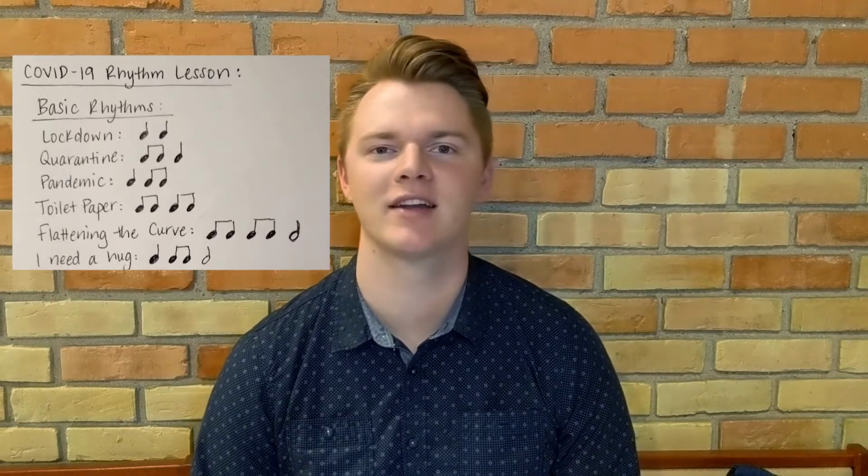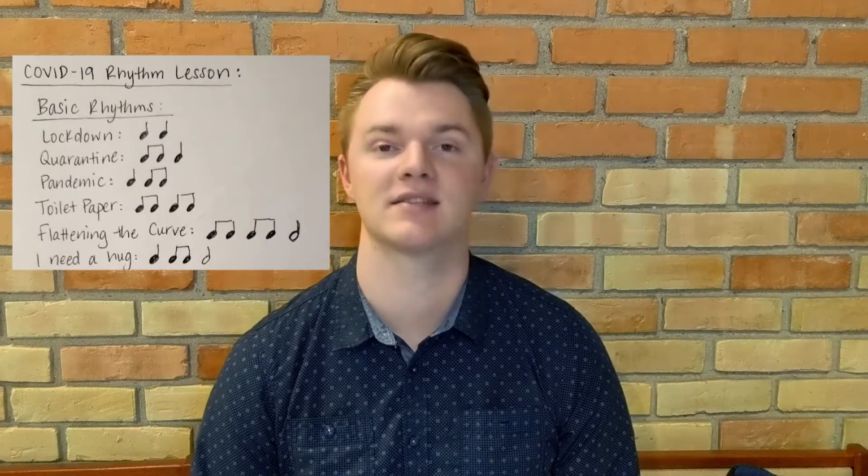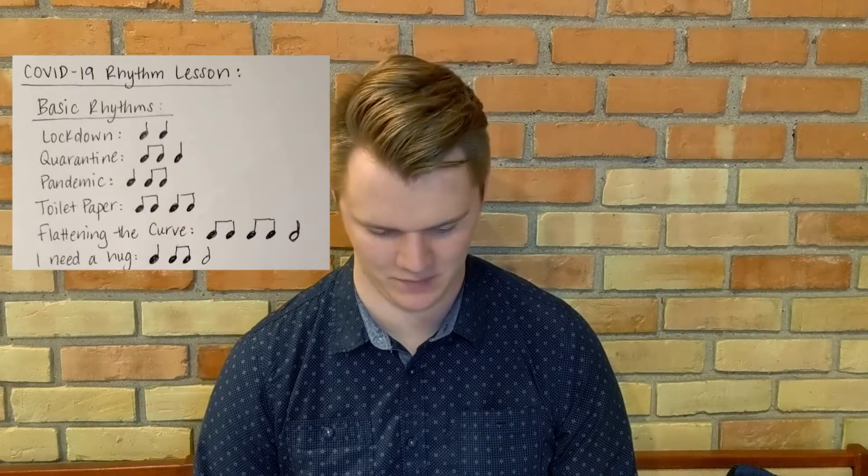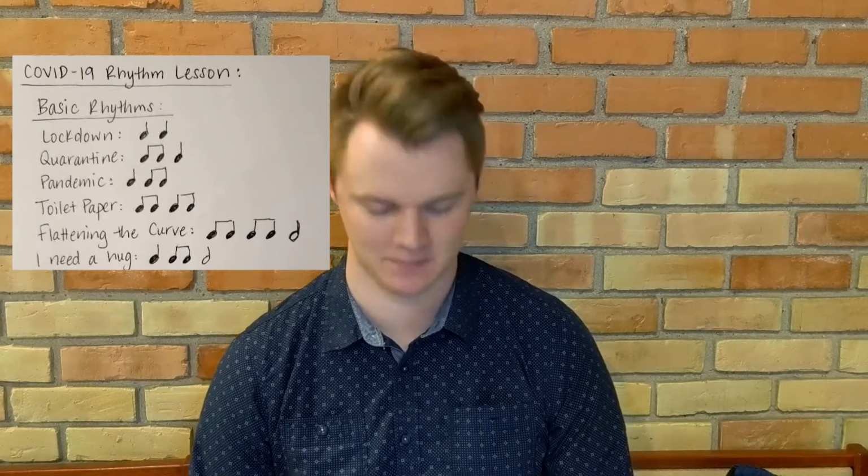First you have lockdown. Next is quarantine, pandemic, toilet paper, flattening the curve, I need a hug. Those are just a fun way to look at rhythms and how they are notated in our normal speech.